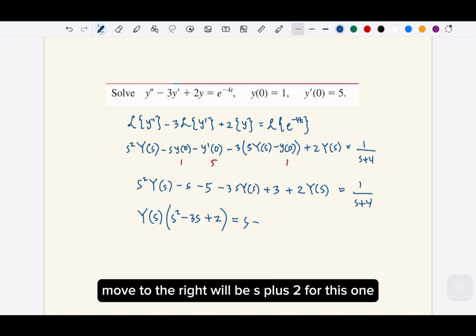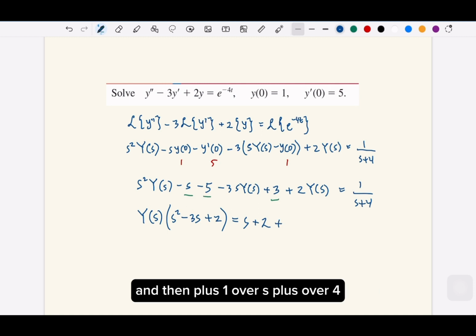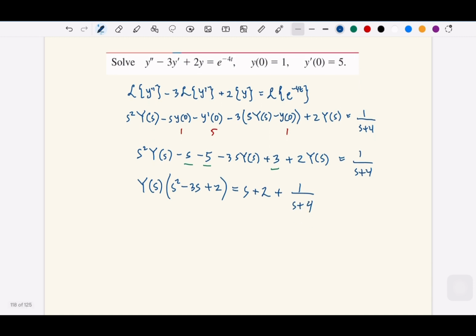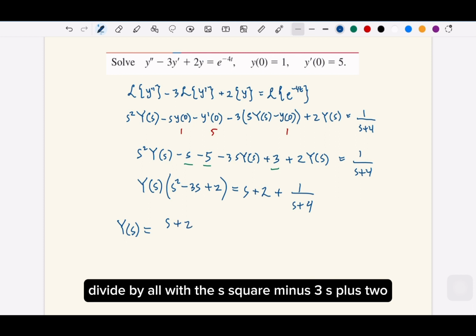Moving to the right will be s plus 2 for this one. Okay. And then plus 1 over s plus 4. And then we can solve this by dividing all by s squared minus 3s plus 2.